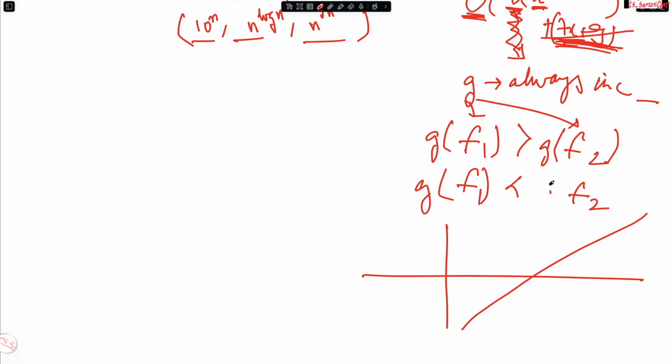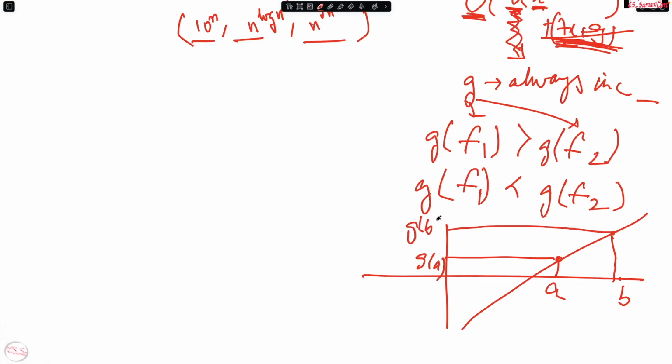And why is that a property? I'm going to give a demonstration of that also. Let's say this is a, and this is b. This corresponds to g of a, and likewise this corresponds to g of b. Because b is greater than a, the distance from a to b is going to cause g to increase.